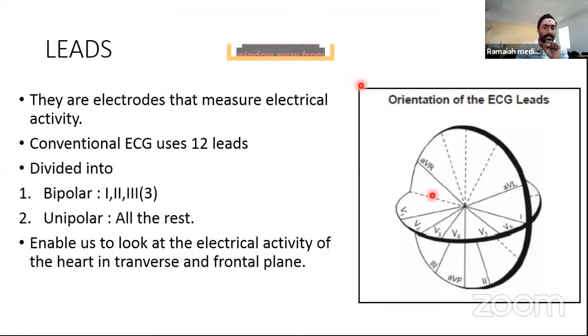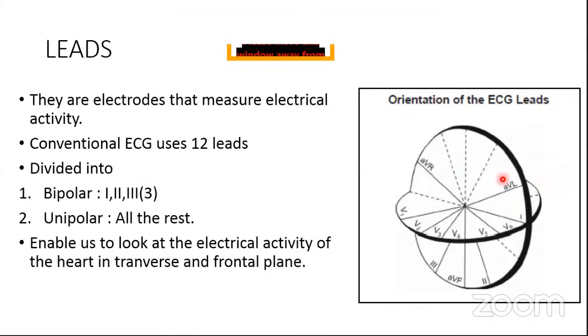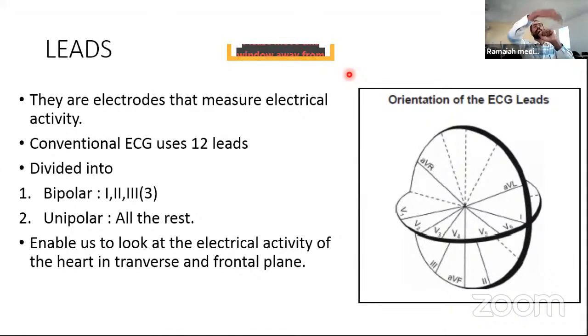I can divide the leads into a transverse plane and a coronal plane. If I have to see the heart activity in the horizontal plane, I have a few leads that I place anteriorly. If I want to see the heart's activity in the coronal plane, I place them throughout the heart.